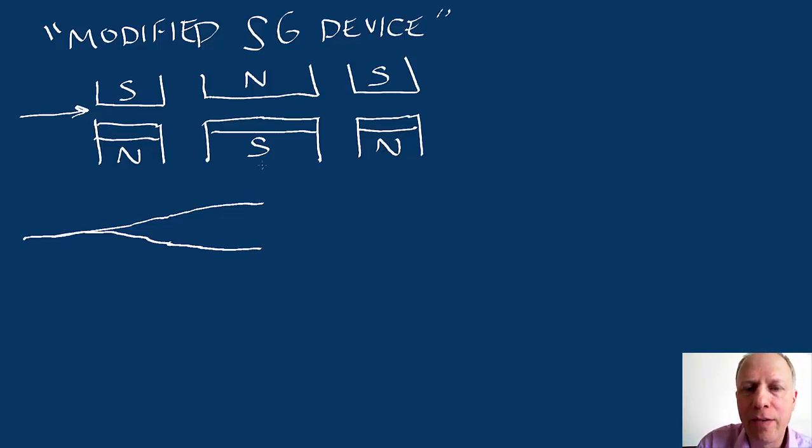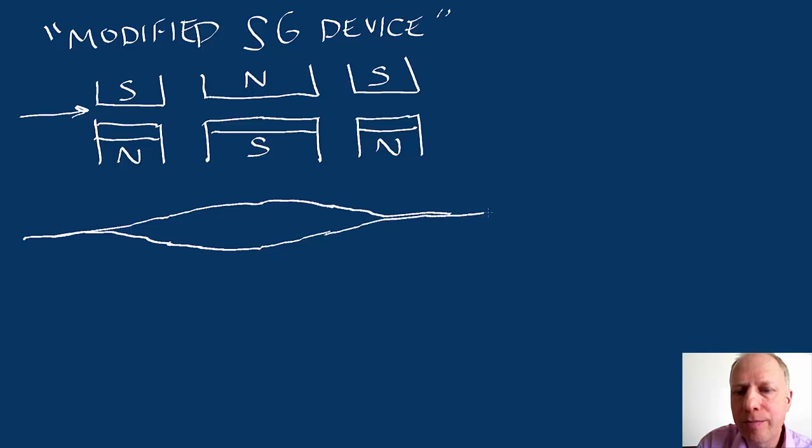And then the second half of the second magnet will tend to kick the particles back toward the center line. And the final magnet will again remove the vertical motion and recombine the two beams.